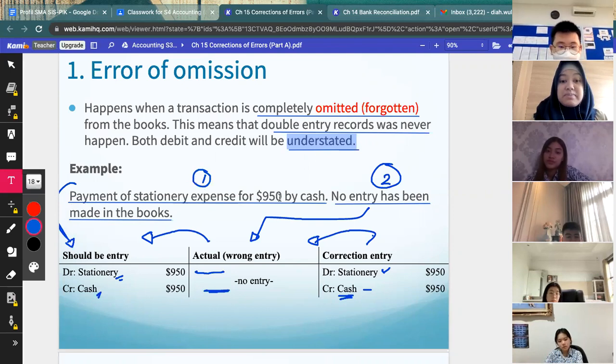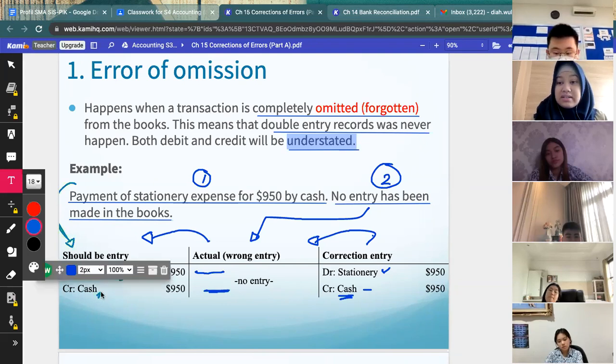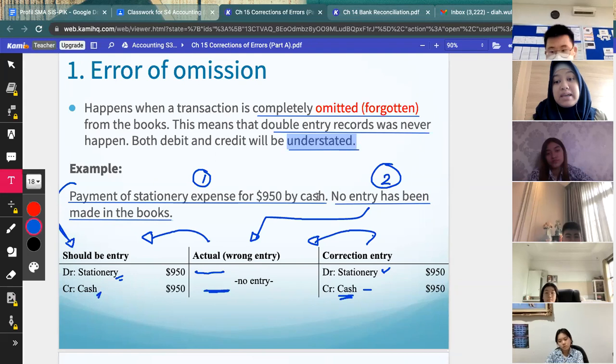Payment of stationery expense for 950 by cash. This is a transaction that you should record. And how it should be recorded is on the first column. Okay, how it should be recorded is stationery on the debit side and cash on the credit side. Yeah, this is how a payment of stationery expense by cash is recorded.